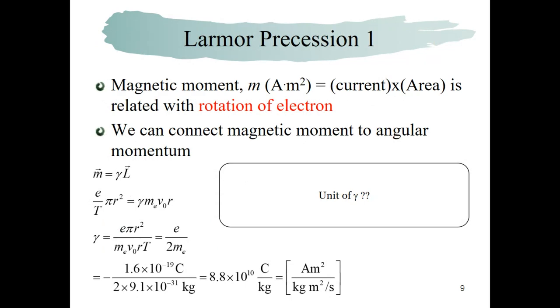And in Larmor precession, the magnetic moment M has units of ampere meter squared. It is the current multiplied by area, and is related to the rotation of the electrons, or orbital motion, or angular momentum.